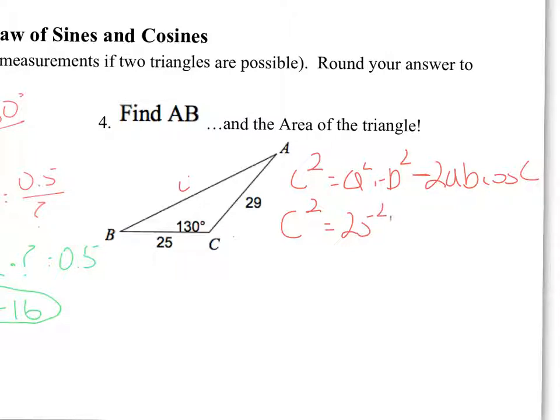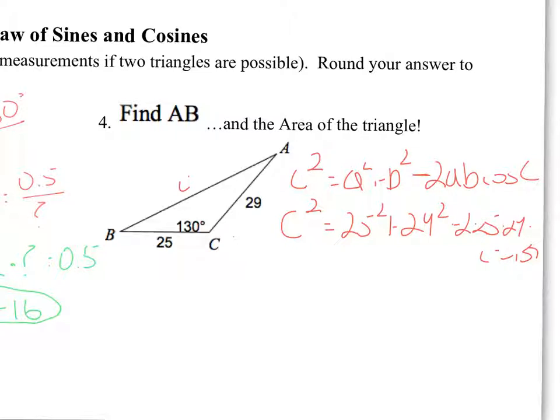When I plug this stuff in, we get C squared is equal to 25 squared plus 29 squared minus 2 times 25 times 29 times cosine of 130. And I can literally plug that in as is. I don't have to worry about combining like terms or any of the things I normally have to be careful of.